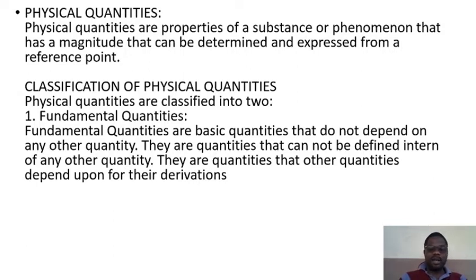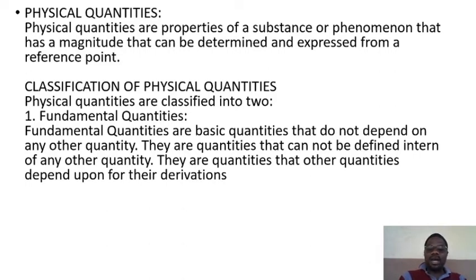So we say fundamental quantities are basic quantities and do not depend on any other quantity. For their definition, for their derivation, fundamental quantities are basic. They don't depend on other quantities for you to define them. So they are quantities that cannot be defined in terms of any other quantity.